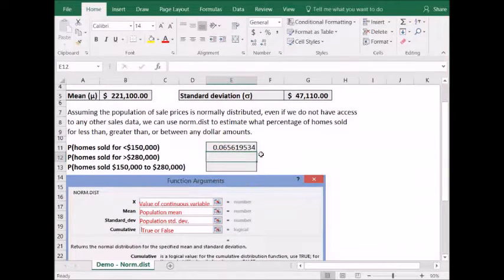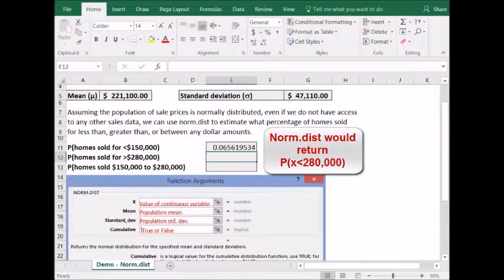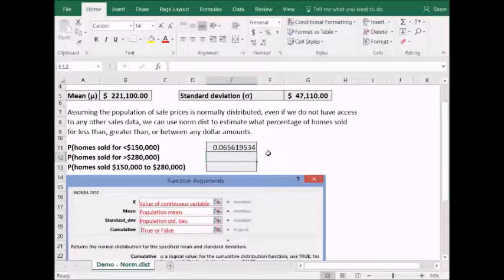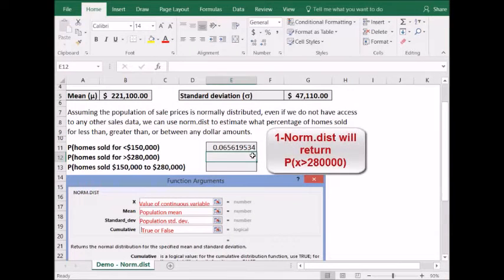In the next question, when we're asked to answer what percentage of homes sold for greater than $280,000, the cumulative probability that we find when we put an x of 280,000 will be the probability of selling up to 280,000. To find the answer for this question, we have to subtract that probability from 100%.